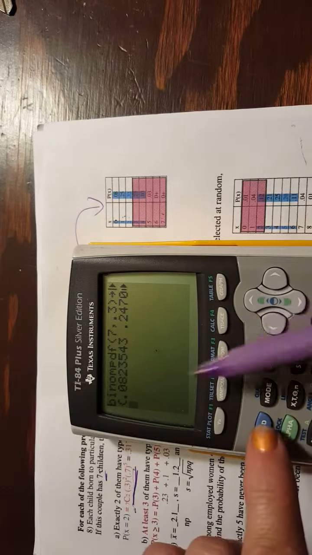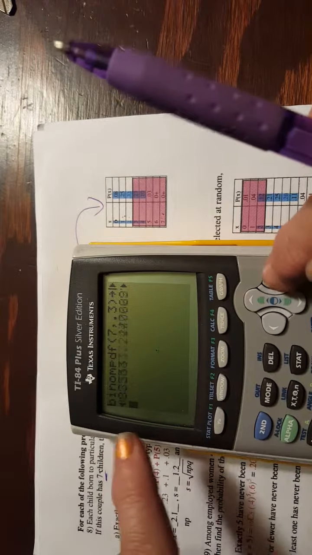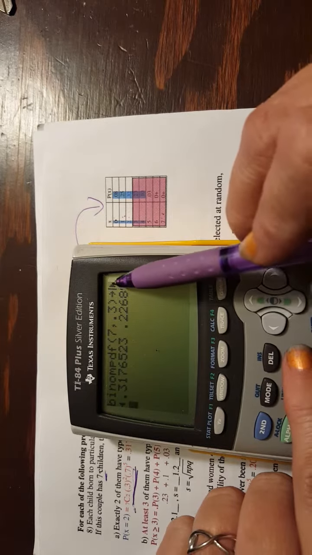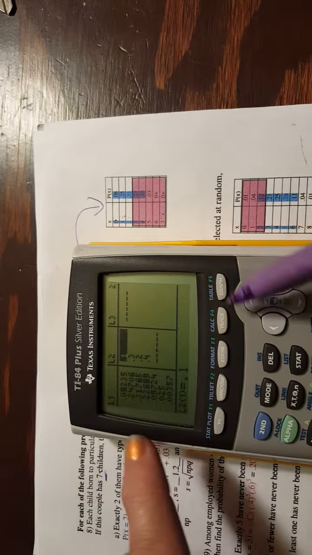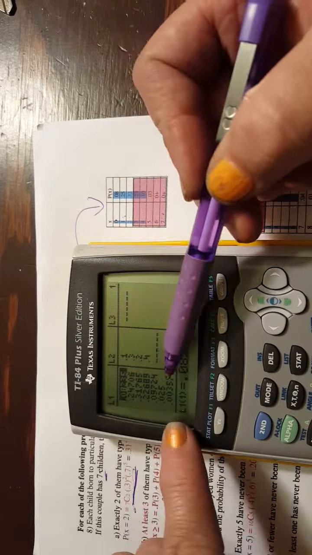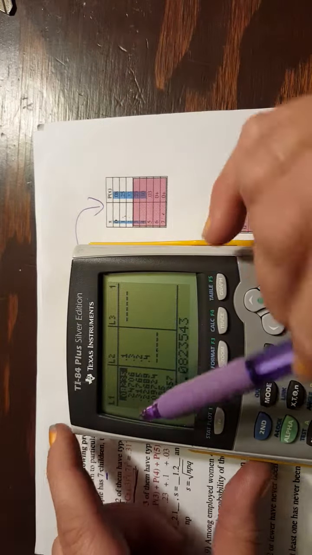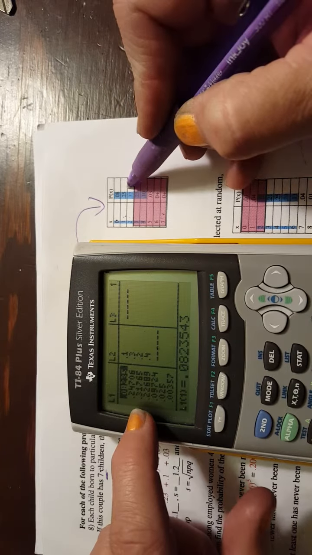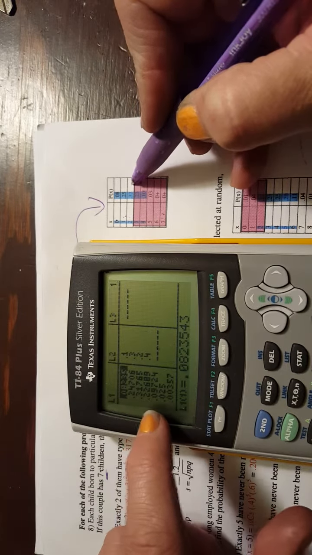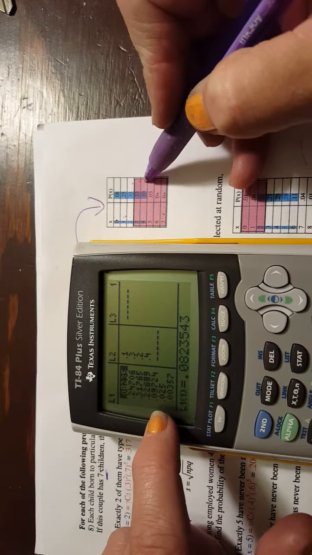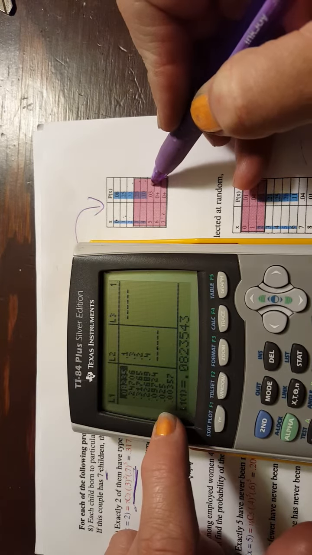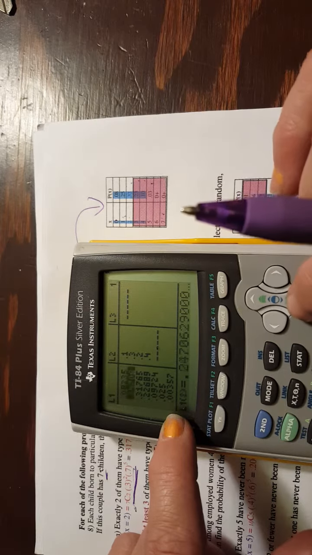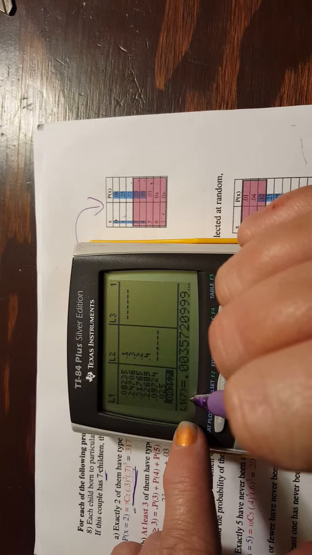Now, we can see it here, and we can scroll over and look at it that way. But if you did what I showed you here, if you go to edit, they're going to be right here, and it's a whole lot easier to read. So you see it's 0.08, 0.25, 0.32, 0.23, 0.09, 0.03, and if you look here you can see what number you're on.